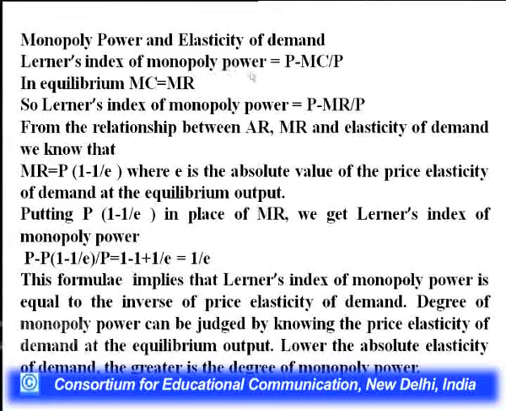Lerner's index of monopoly power is equal to price minus marginal cost upon price. In equilibrium, we know marginal cost is equal to marginal revenue.